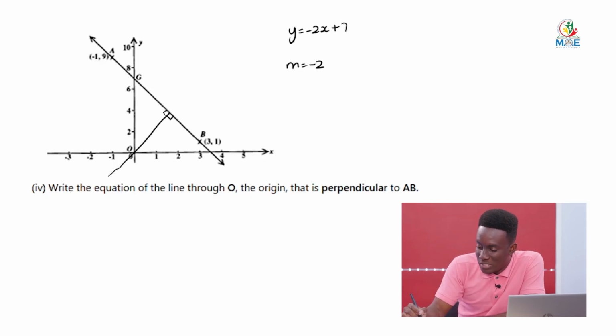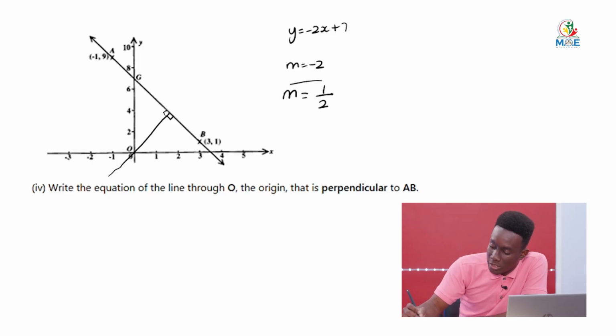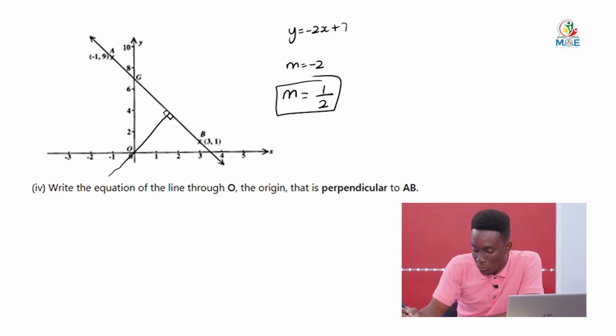What we basically do is flip this and change the sign. So the gradient of the line perpendicular would be 1 over, and we change this into a positive 2, since it was negative. So the gradient of the line that we want is 1 over 2. We have the gradient, and now we just need the y-intercept.